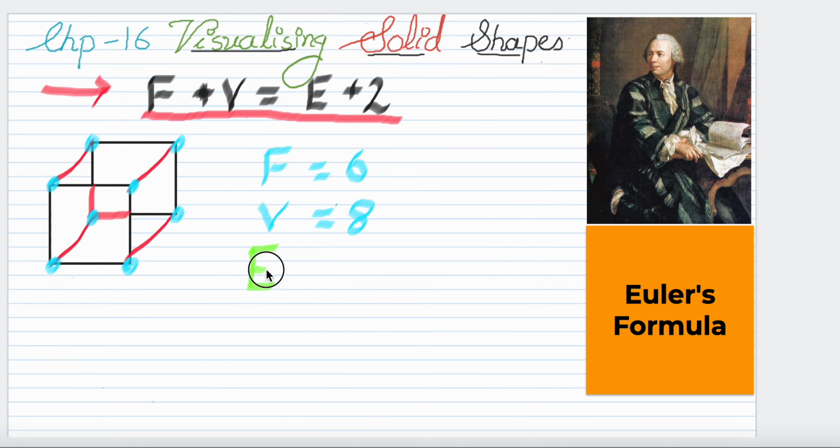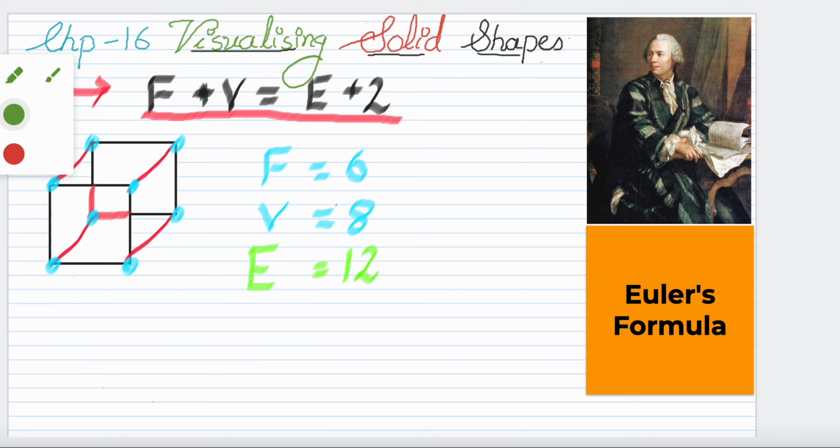So edges equal to, how many edges we are having? As you can see, 1, 2, 3, 4, 5, 6, 7, 8, 9, 10, 11 and 12. So 12 edges we are having.